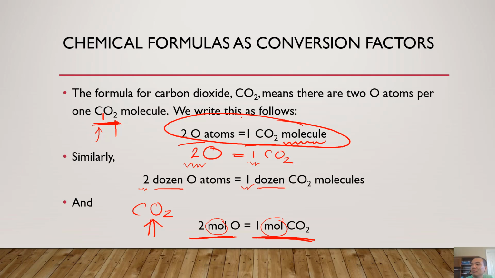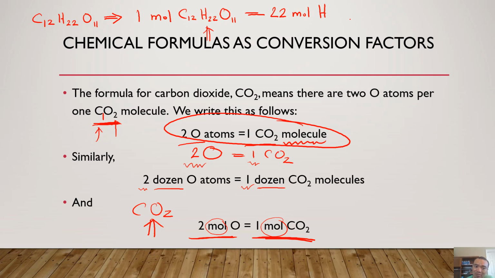So I'll give you another example. For example, for table sugar, which has a formula of C12H22O11, from this we can derive the implied information, the hidden information. We can say 1 mole of this whole thing, table sugar, will give you, if I'm looking at hydrogen, 22 moles of hydrogen atoms.